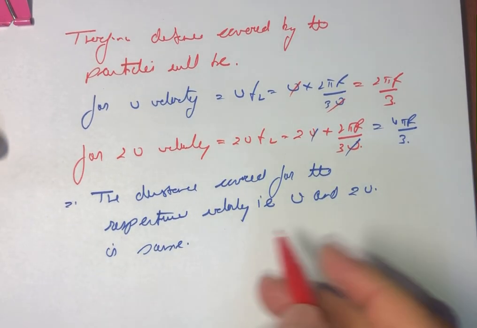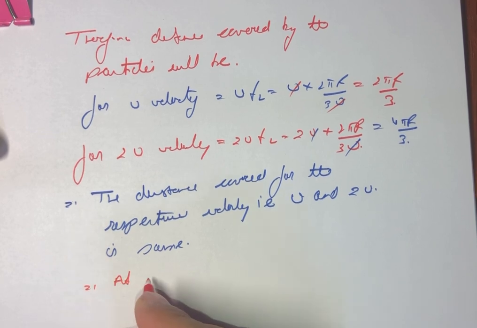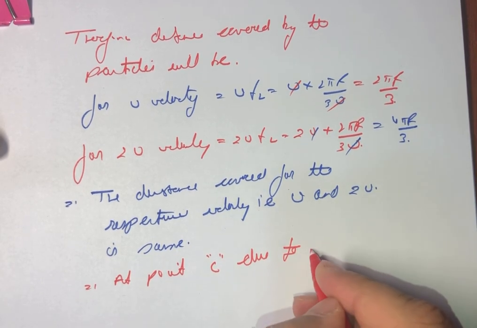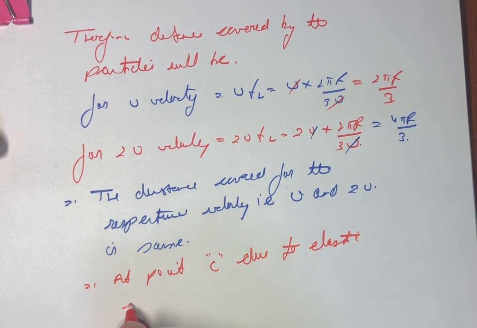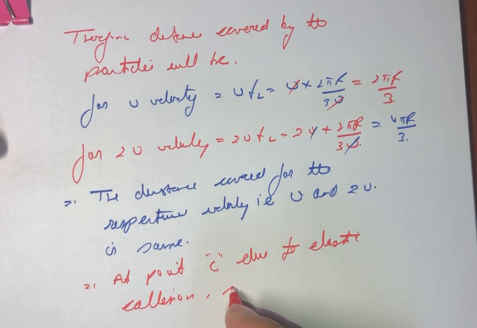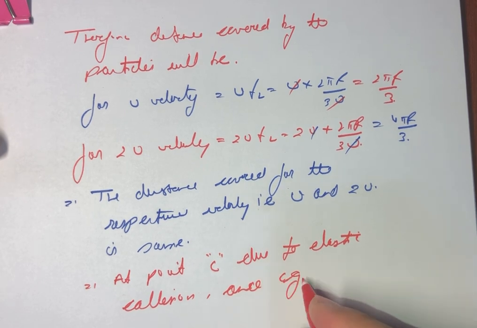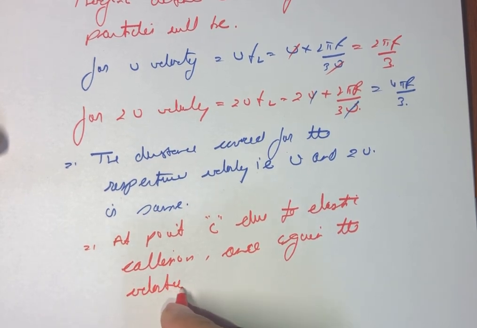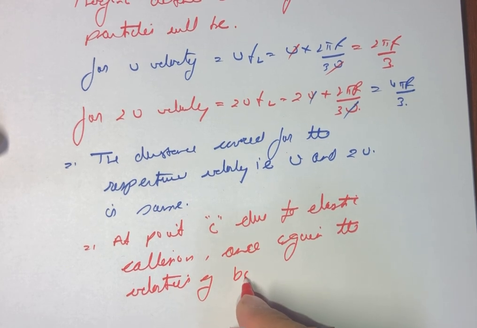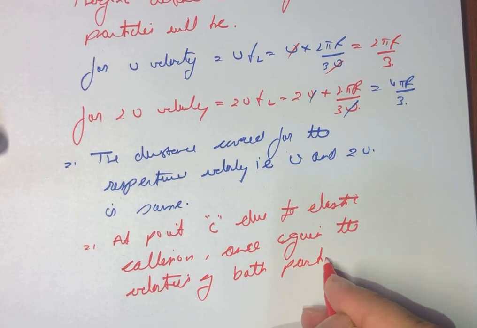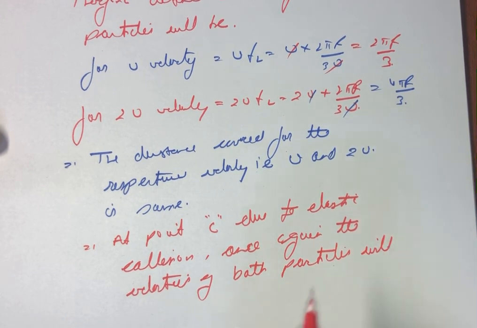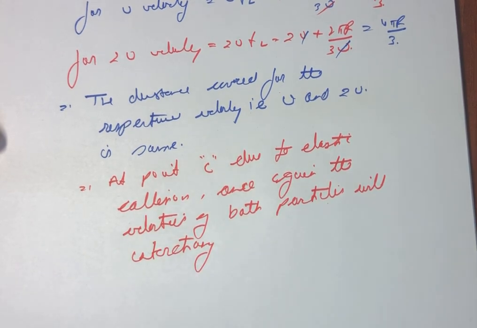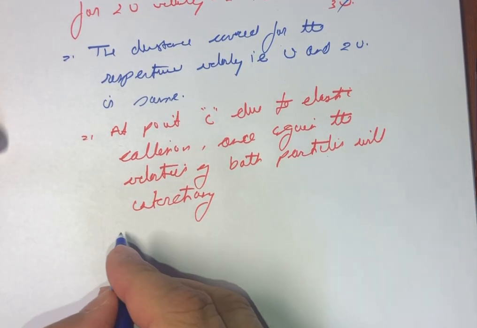You can say at point C, due to elastic collision, once again the velocities of both particles will interchange. Therefore, we can say it will be back to their original velocity.